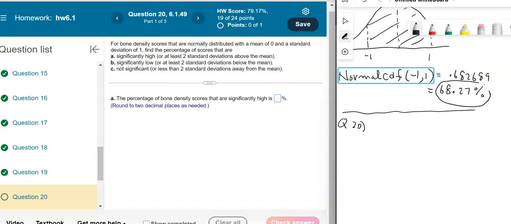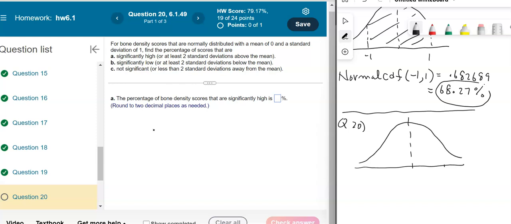So what that means here is, if this is 2.0, then anything below that, at negative 2.0, is significantly low. This is significantly high if you belong here. This is significantly low. Okay.